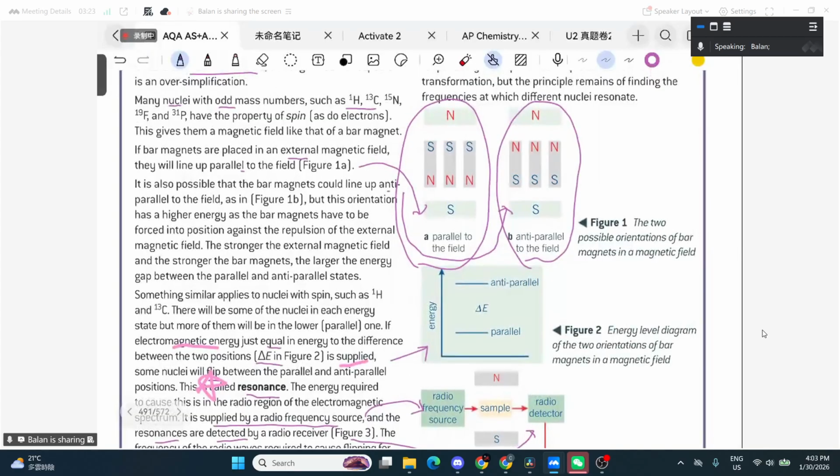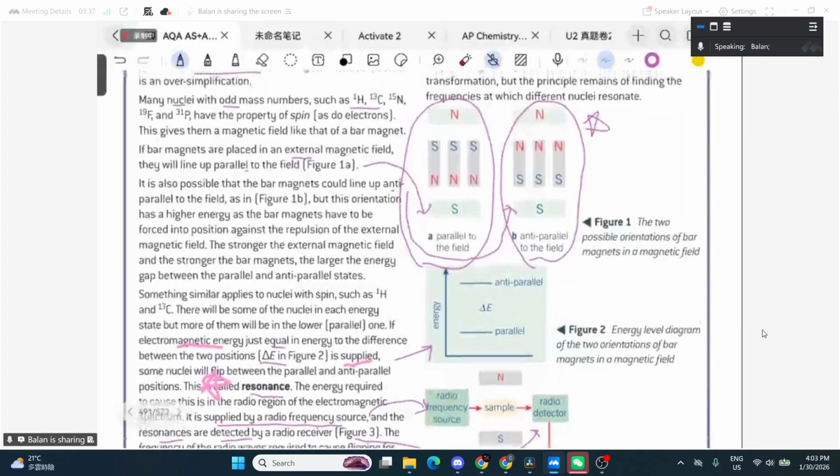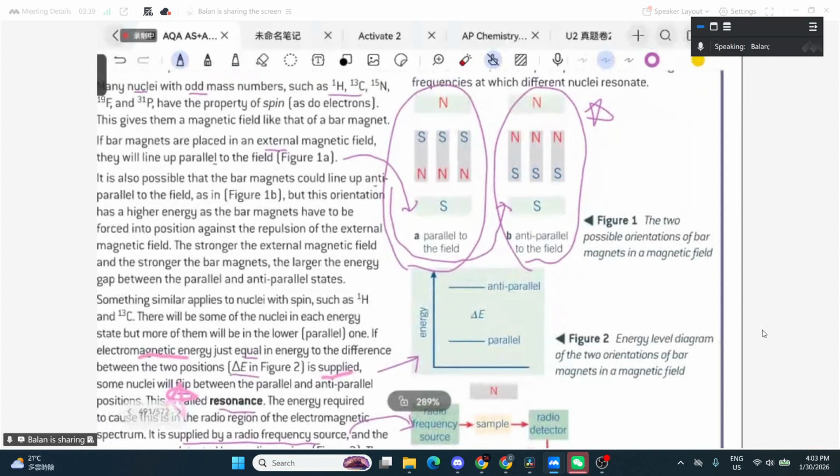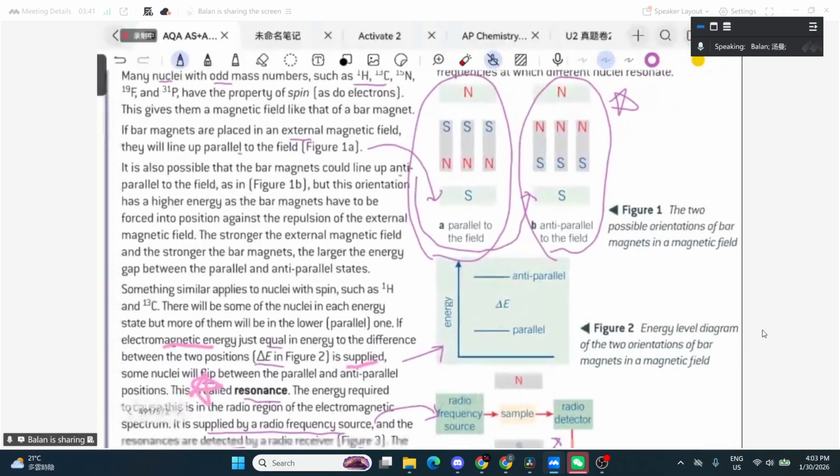This is parallel. You can see north pole faces the south pole. And this is anti-parallel: north pole faces the north pole. No problem here.